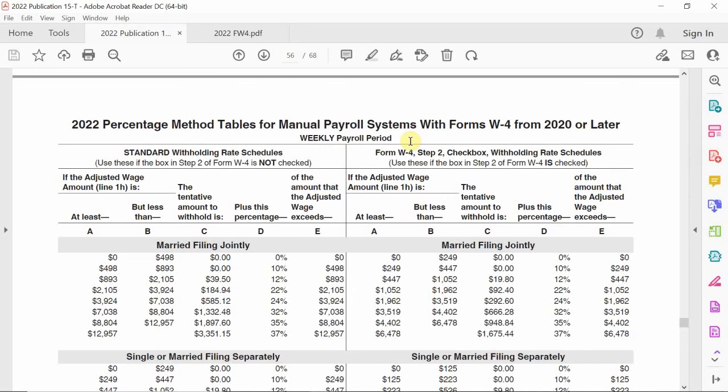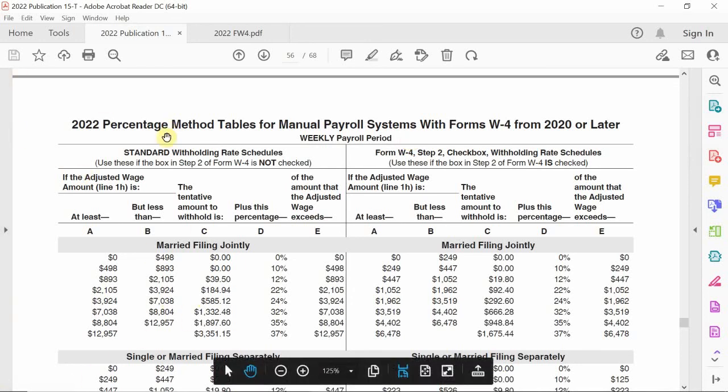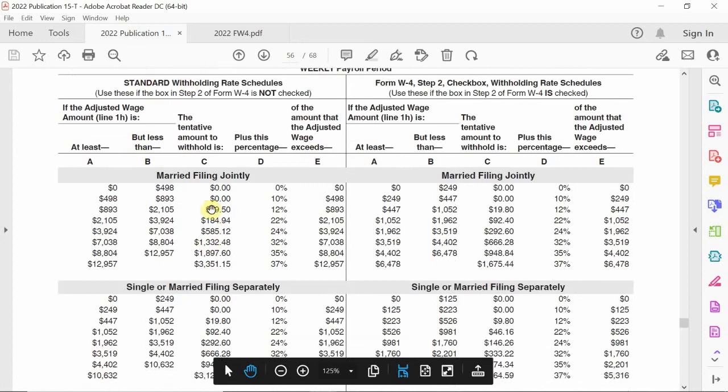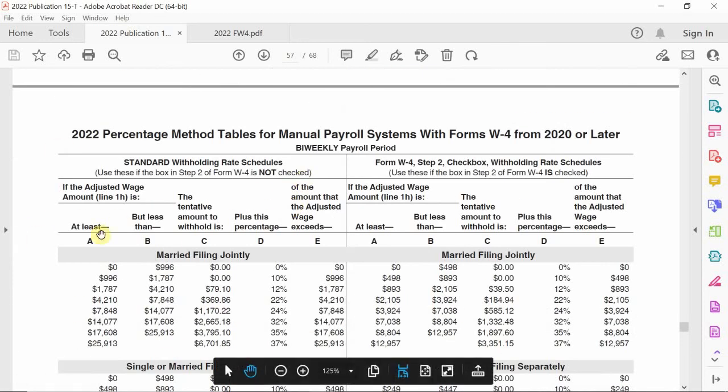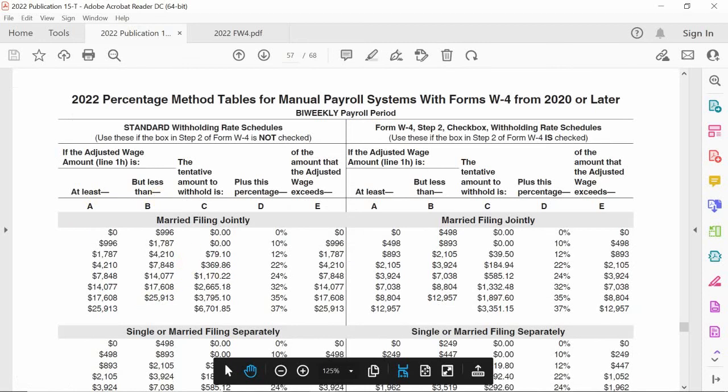So we're not going to talk about the different calculations for someone who has multiple jobs, because most commonly you'll see more people having one job versus multiple jobs, okay? So you're going to be using the left side of this table, and it's going to depend on the payroll period, their marital status, and how much they earn.